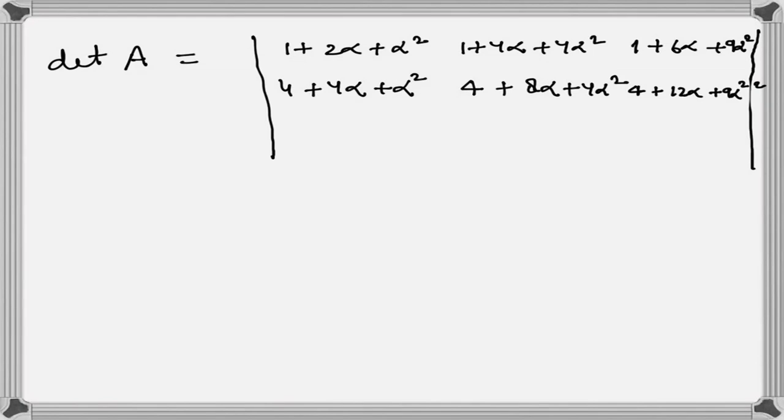The third row is 9 plus 6 alpha plus alpha square, then 9 plus 12 alpha plus 4 alpha square, and then the third entry is 9 plus 18 alpha plus 9 alpha square.